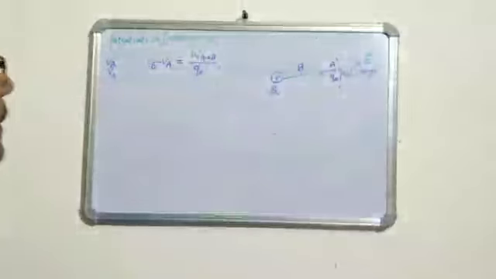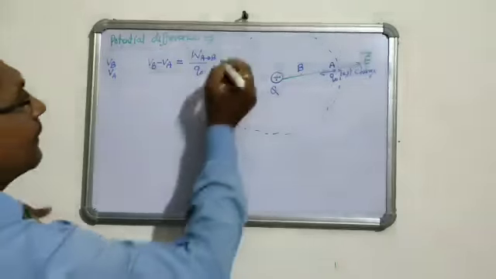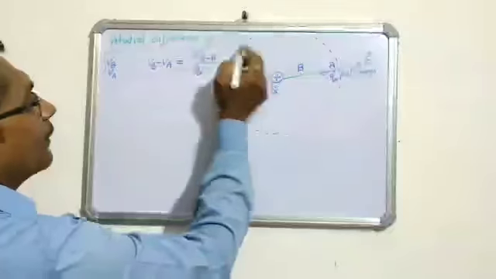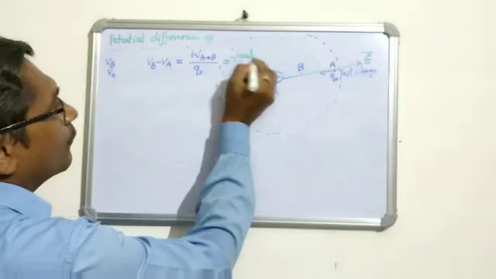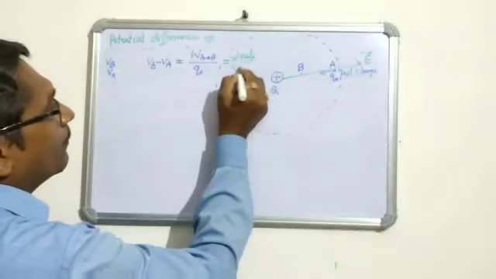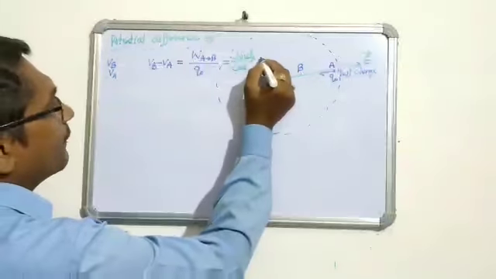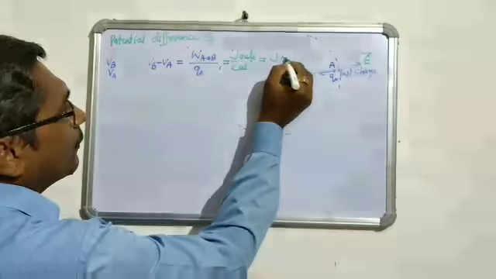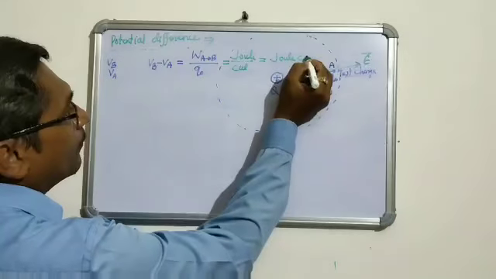The unit of potential difference is here. The unit of work done is joule and the unit of charge is coulomb. So the unit of potential difference is joule per coulomb.